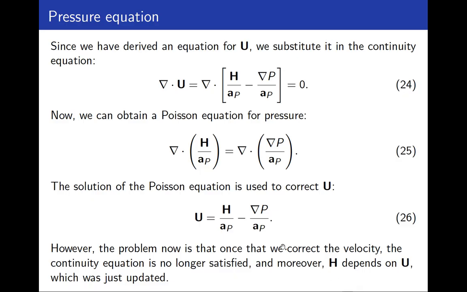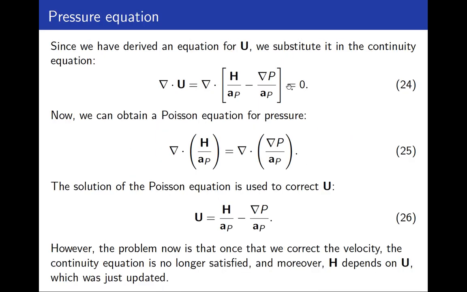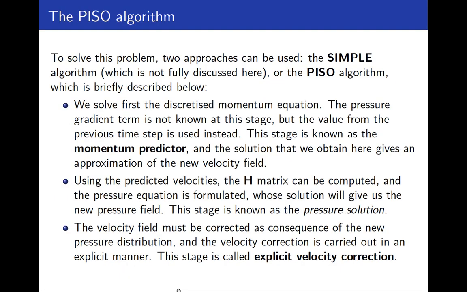And in addition, H also depends on the velocity that was just updated. So how do we solve this problem? Two approaches can be used. One of them is the SIMPLE algorithm, which will not be fully discussed here, or we can also use the PISO algorithm, which is the motivation of this presentation, which will be described below.